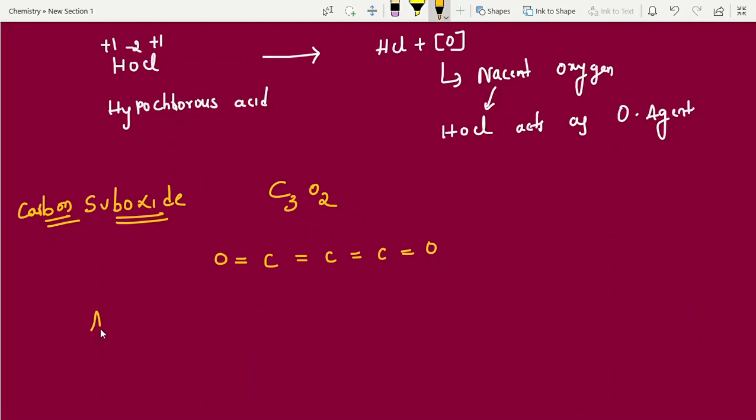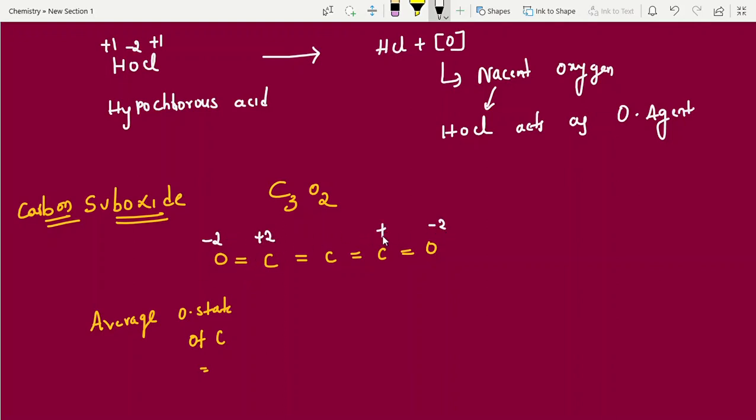Here, they are asking the average oxidation state of carbon, and each case also they are asking. All we can find out. Oxygen here, students, is -2. So this is -2, which means definitely this is +2. Both get cancelled, and this is also the same way, -2.